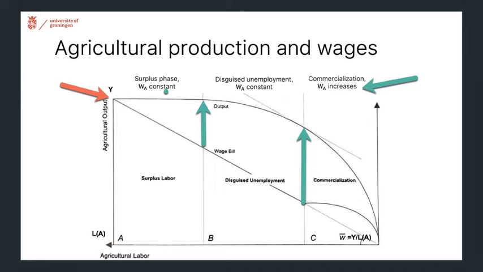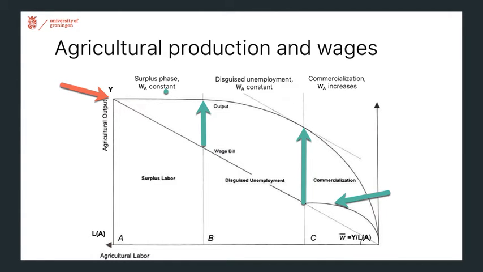So that's why we get this hump: W bar holds until this point, and then we get rising wages as workers leave. So the wage bill decreases rapidly throughout the first part, but in the commercialization phase, it actually remains constant for a while because the marginal product starts to exceed W bar.